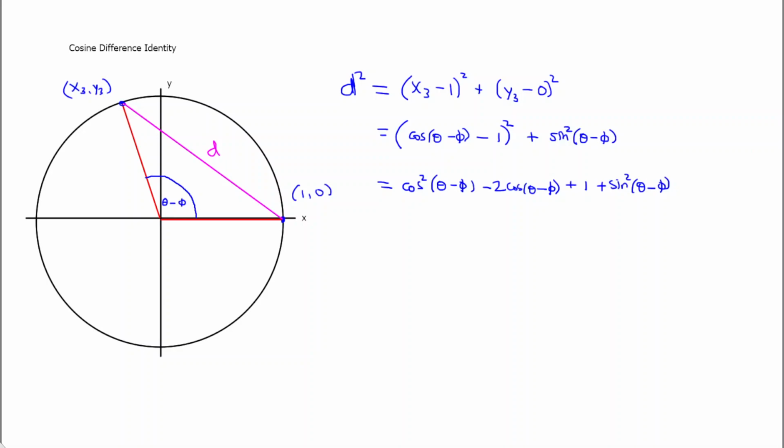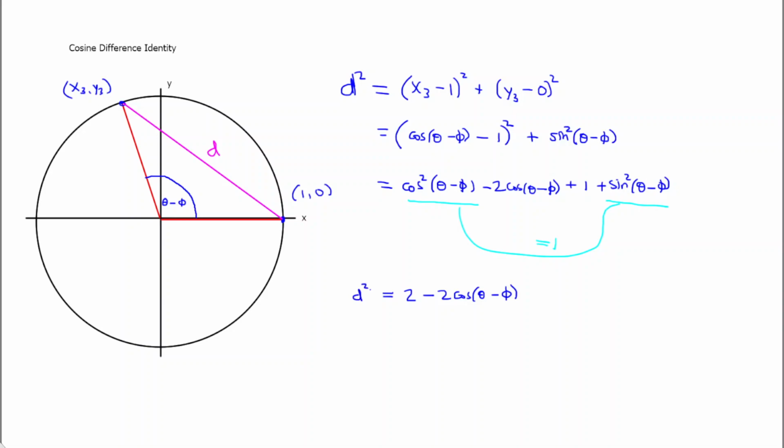Now what we're seeing here is I have a cosine squared plus a sine squared of the same angle. That combination is equal to 1. So altogether I have that one plus the 1 that came about from the binomial square. So I have 2 minus 2 cosine theta minus phi.